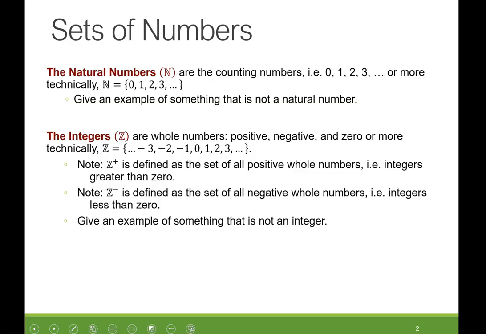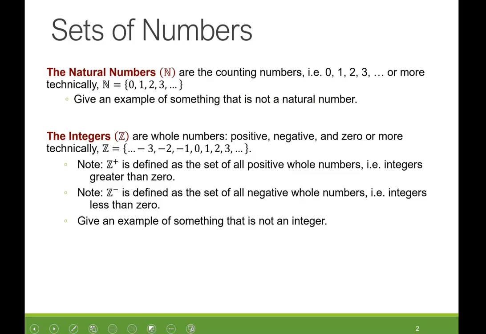Those are the counting numbers. In mathematics, the natural numbers sometimes will include 0 and sometimes will not include 0. In the IB course, we're including 0. It depends on the math convention or the course that you're in. Here we're counting 0.